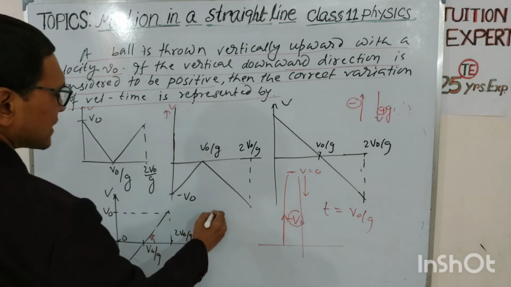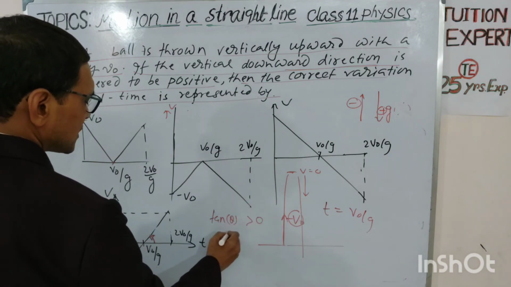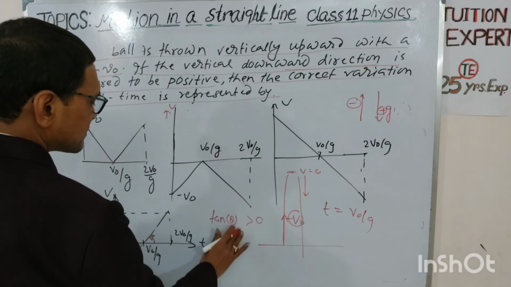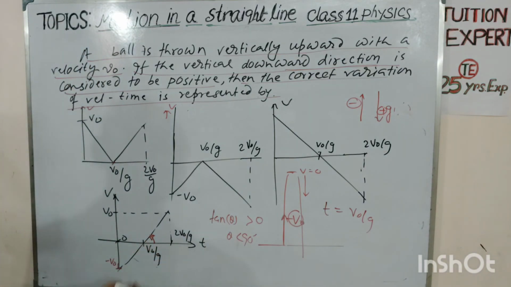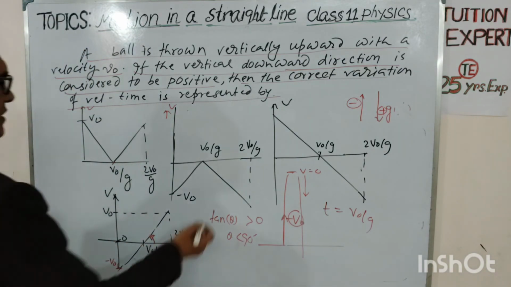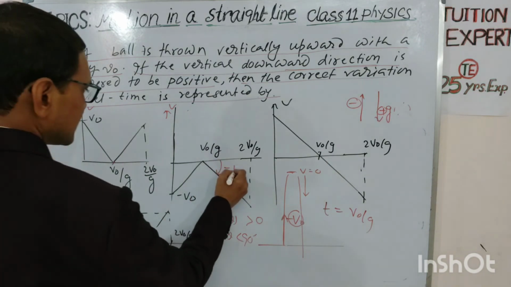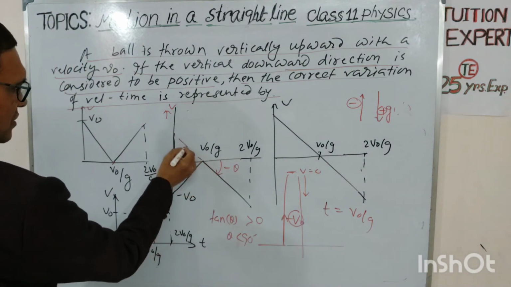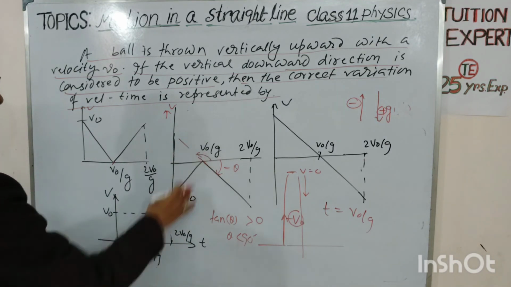The tangent of an acute angle, theta less than 90 degrees, is positive, but here this angle is negative, minus theta.